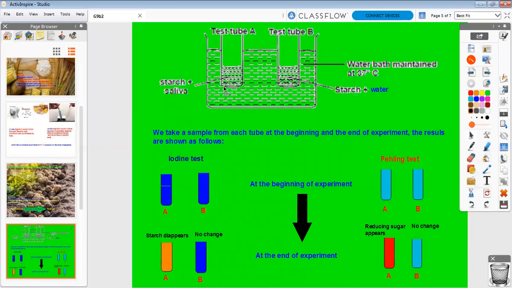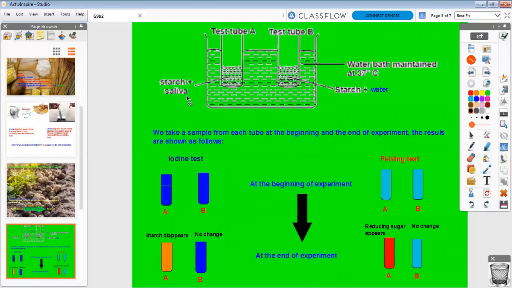Now, the in vitro digestion of starch. At first we take two tubes, A and B. We put in the first starch with saliva, and in the second starch with water.